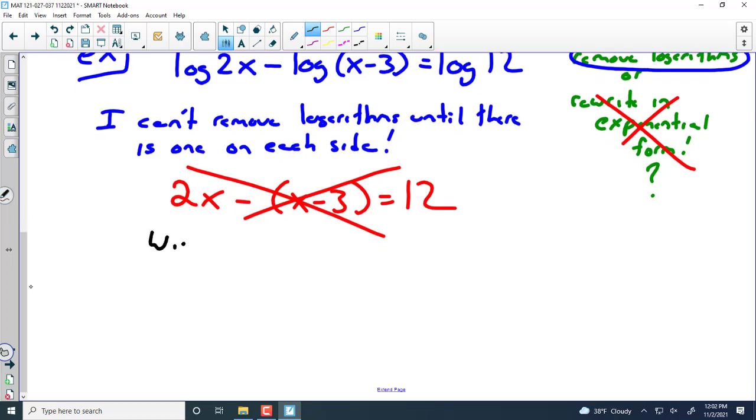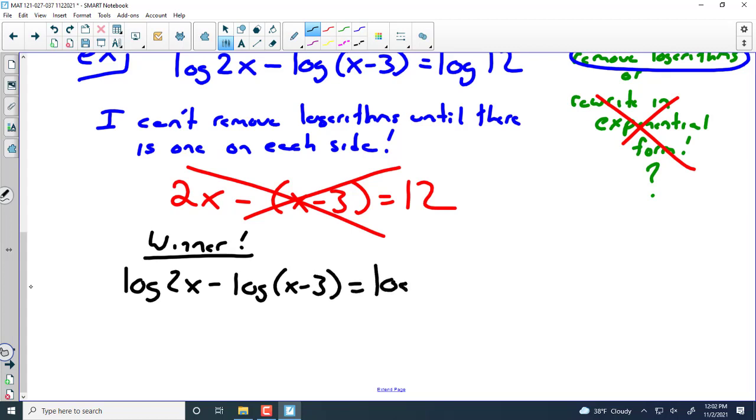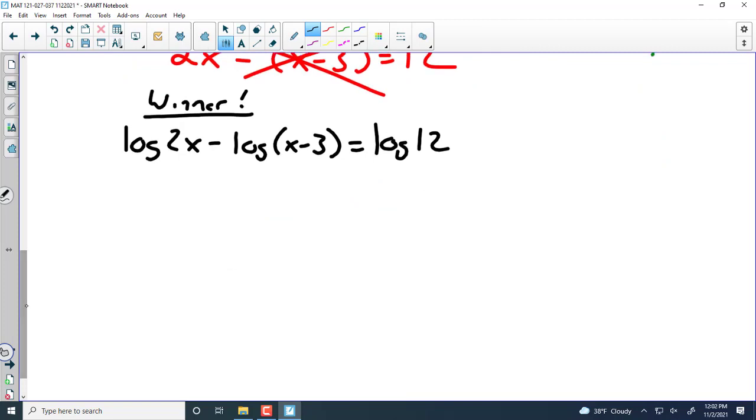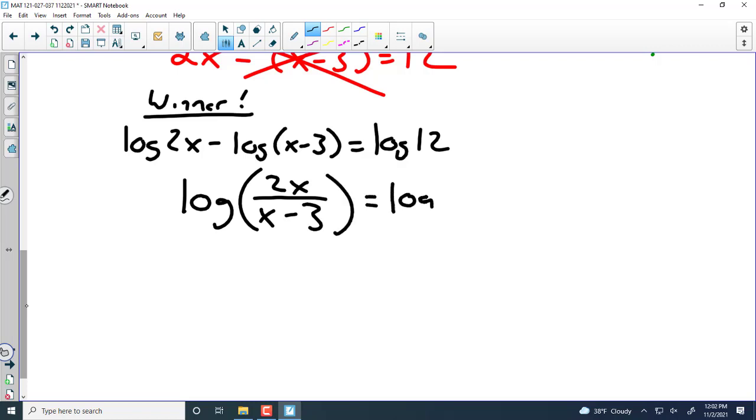So what the winner does on this problem is they rewrite this side over here like that. And how did I do that? What rule did I just use? That is the quotient rule.